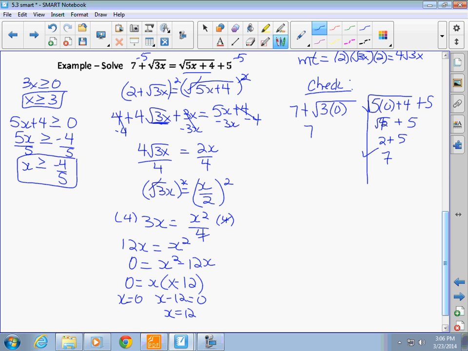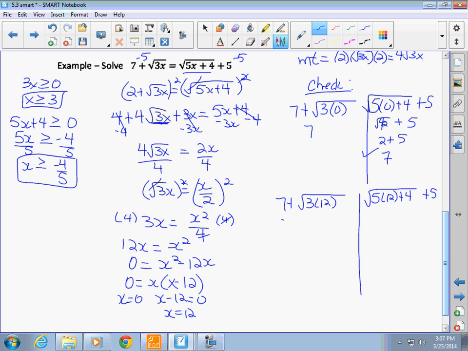Then I need to check for my other solution of 12. So I have 7 plus square root of 3 times 12, and on the right, square root of 5 times 12 plus 4, plus 5.